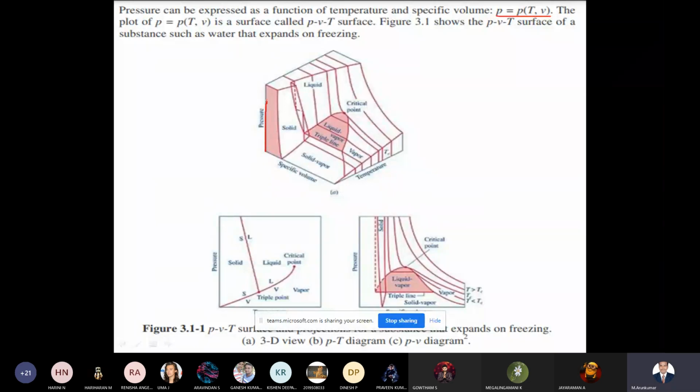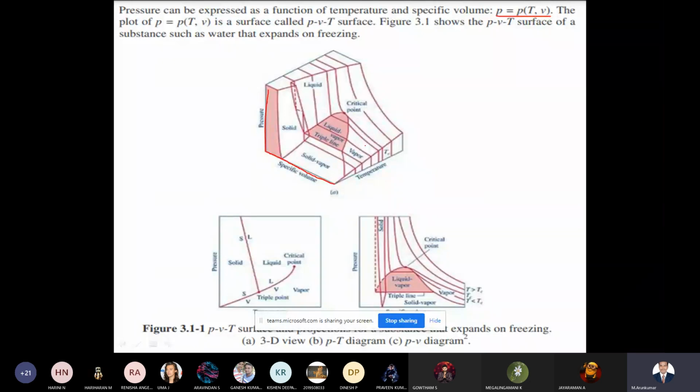This y-axis gives you the pressure. Then the specific volume is taken on this x-axis. Then we can take the temperature on the z-axis. Just if you consider this, we can get this PVT surface diagram.